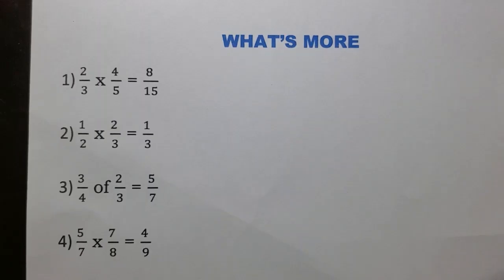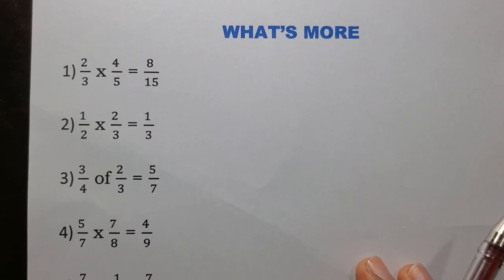Let's try more. So again, just multiply numerator by numerator, denominator by denominator, or you could also cancel if there's a common factor. Now, in this case, you have to determine if the answer is true or false. Write T if it is true, and false or F if it is not true, or if it is a false statement.